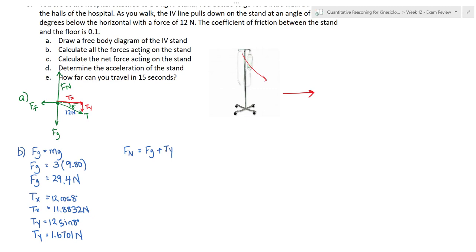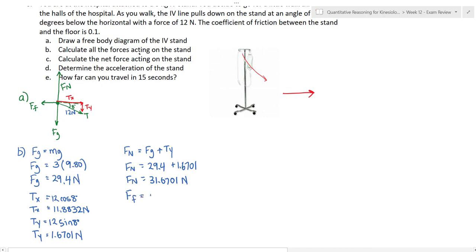The only force that points up is F normal, and I have two forces that point down, Fg and Ty. So F normal is equal to Fg, which is 29.4, plus Ty, which is 1.6701. When I add those together, I get 31.0701 newtons.